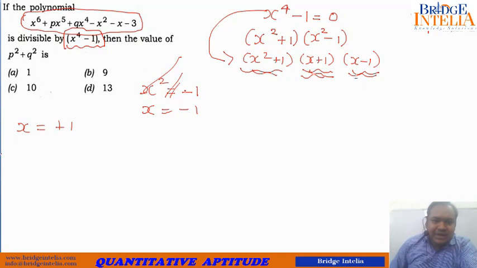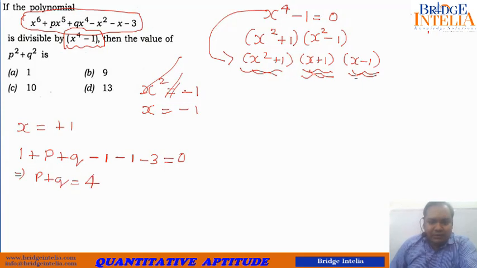So if I am doing that here, 1 plus p plus q minus 1 minus 1 minus 3, this must be equal to 0. So from here you can conclude that p plus q must be equal to 3. So if I put x is equal to minus 1, then what can I conclude?